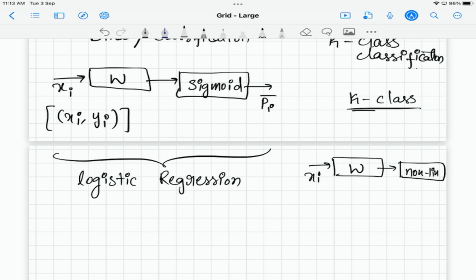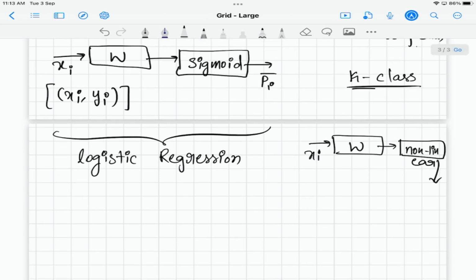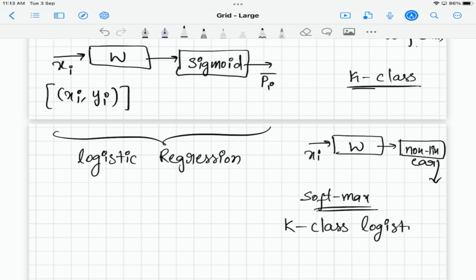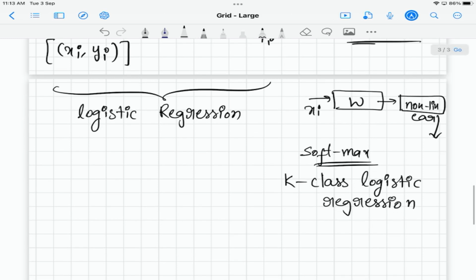Can you guess the function here? Just a softmax will work. So in k-class classification, your nonlinear function is softmax. A simple linear model plus softmax will give you k-class classification, or k-class logistic regression. This is also called softmax regression.